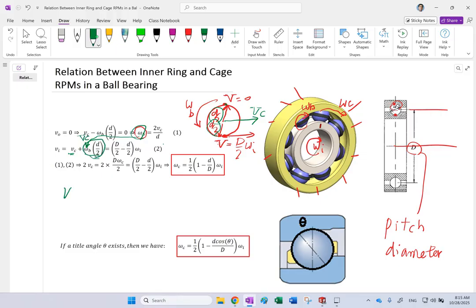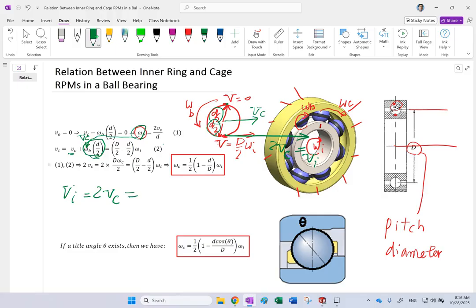So you basically get VI equals 2 times V of the center, and you know it is correct, right? When a ball is rolling without slipping, this point is 0, that point is VC, and this point, as you know, moves with 2 VC, which is equal to velocity of the inner point. Okay, so that is obvious.